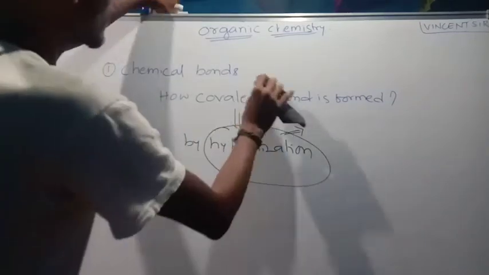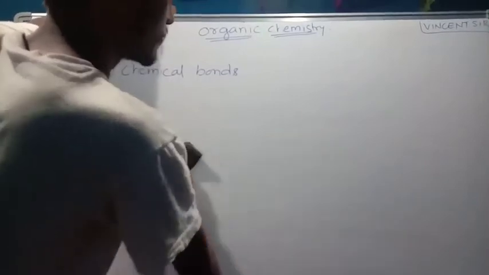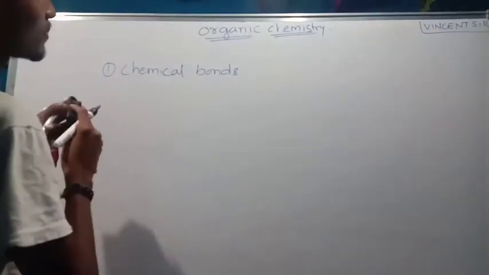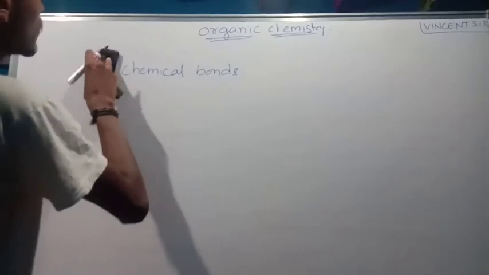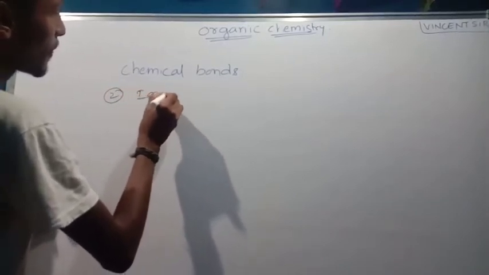Next, what are the other two types of bonds? The second one is the ionic bond.